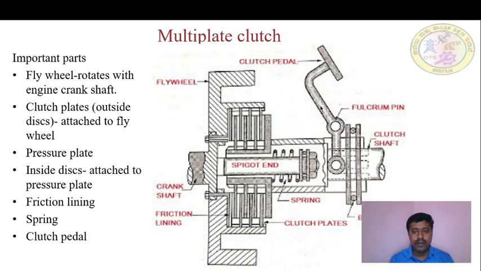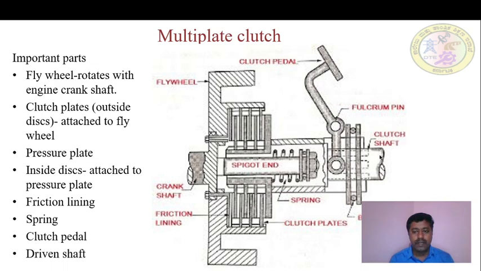So this is the clutch pedal, with an arrangement of fulcrum pin. See, when pressure is applied on this clutch pedal, this portion moves in anti-clockwise direction, or towards this direction.